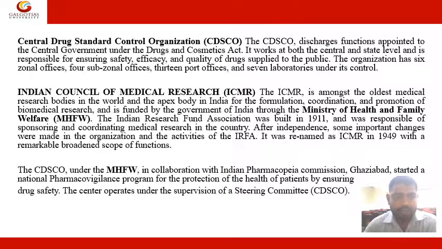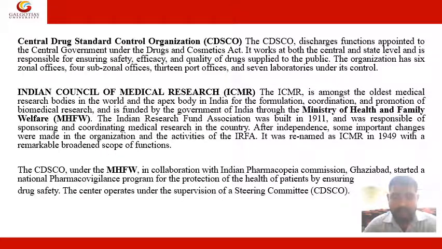Let's discuss the first regulatory body, the Central Drug Standard Control Organization (CDSCO). Its head is appointed by the central government, and it works at both the central level and the state level. Its primary responsibility is to ensure the safety, efficacy and quality of drugs supplied to the public, whether imported or manufactured in our country.